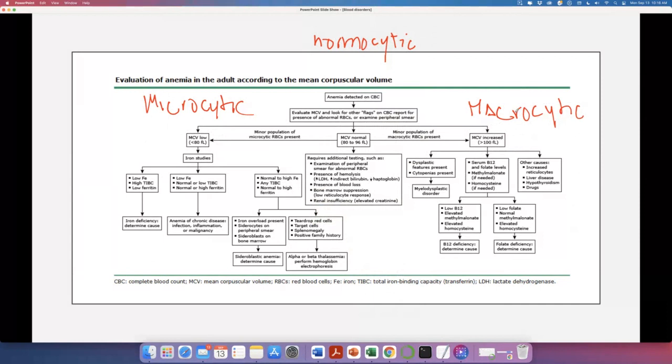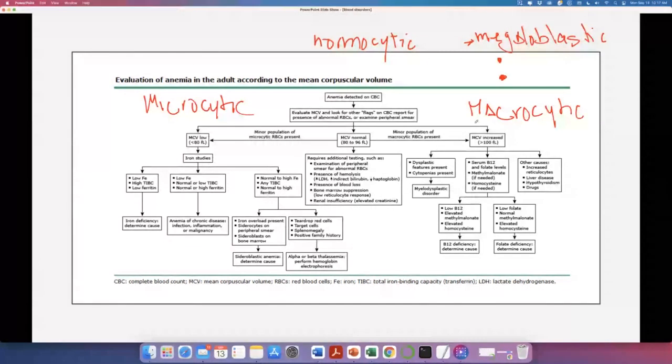I know this is very common, many consider or think that macrocytic is the same as megaloblastic. That is not correct. Megaloblastic anemia is a type of macrocytic anemia. To diagnose a megaloblastic anemia, we have to look at different things.